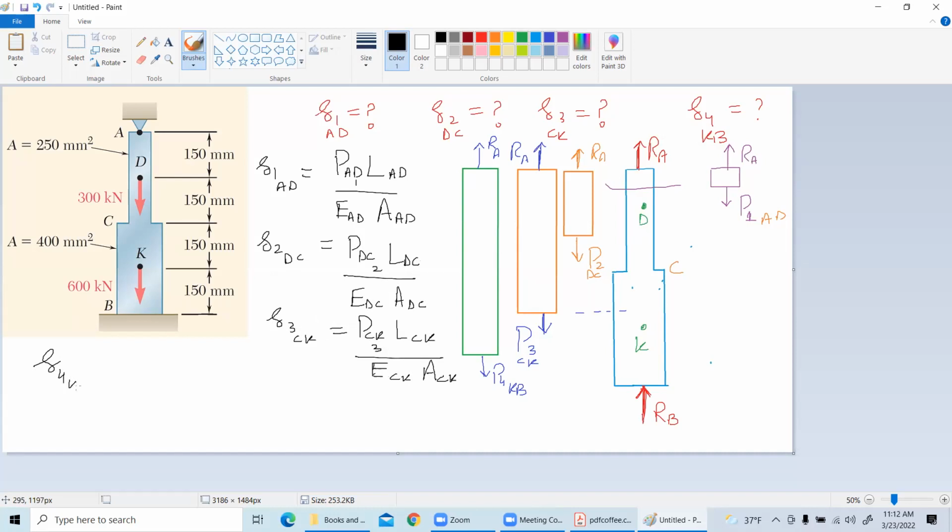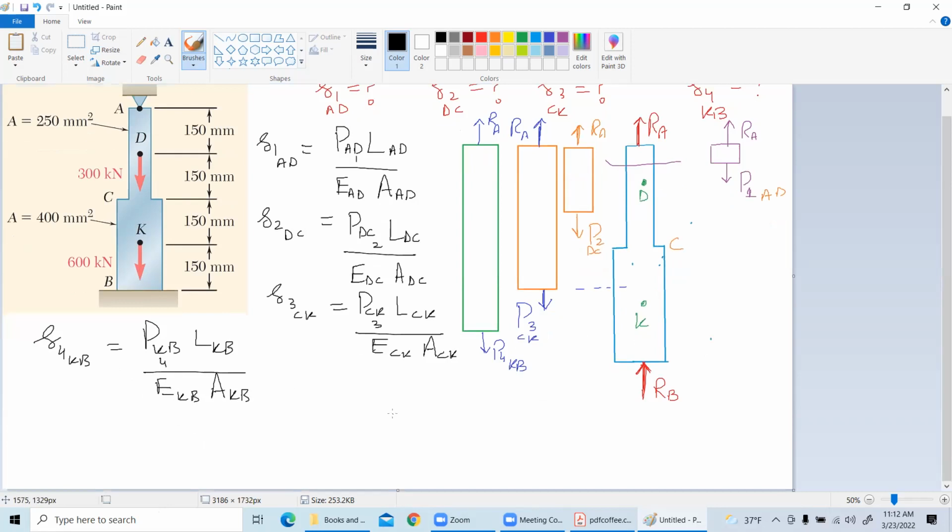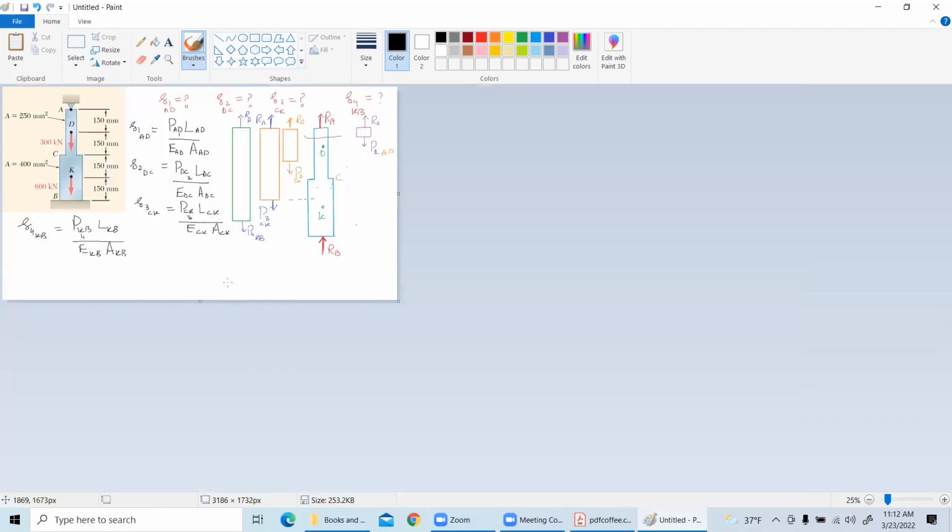KB equal to P KB, L KB over E KB, A KB, whatever. So honestly, the problem has at this point ended. Actually, all you have to do is just do number crunching. 6, 5, 4, 3, 2, 1. So I have to scroll because I don't have space. Just bear with me, please.